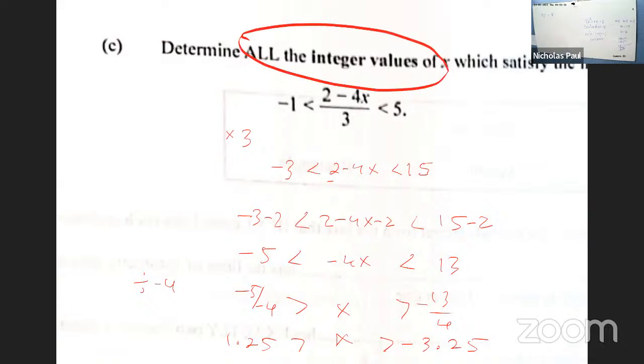All the integers that satisfy it. What's the answer? Maria? Malachi, that's it? All they want is all the integers between that. All the integers between 1.25 and minus 3.25.